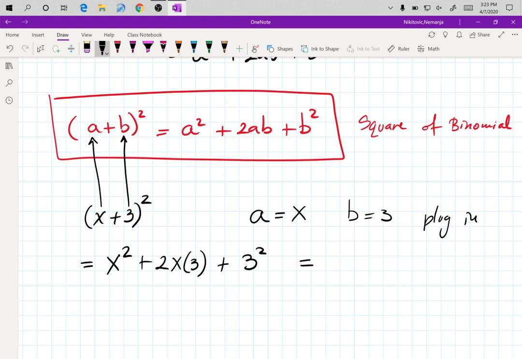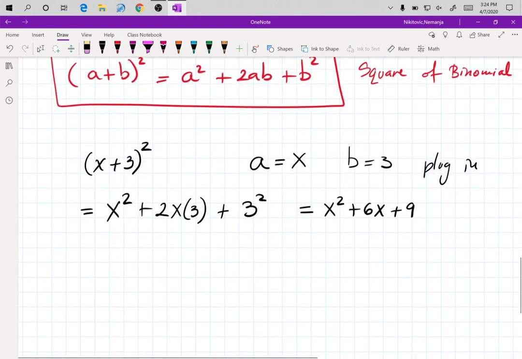So this works out to be x squared plus 6x plus 9. I did not FOIL, I did not distribute, I did not collect like terms. I just applied the formula and I am done.